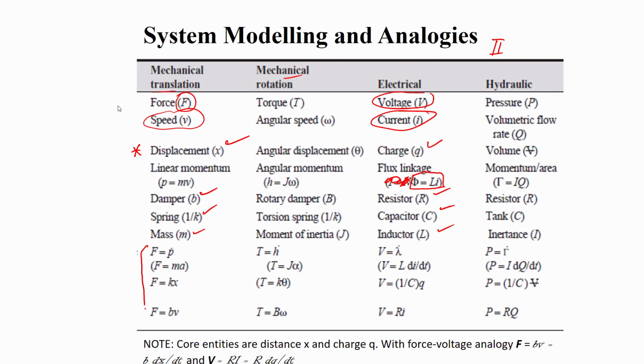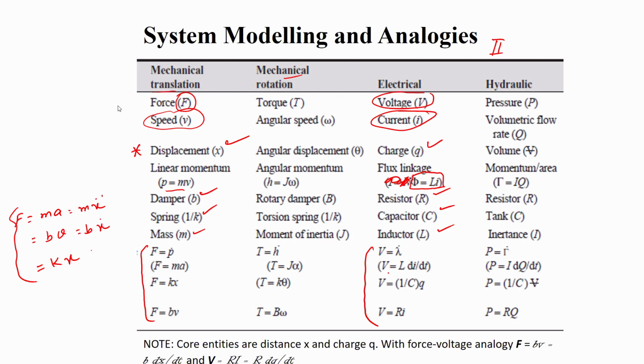Now these 3 are extremely important because we are talking about the force voltage analogy. So force, which is a time derivative of the momentum, there are 3 ways to represent it. F is equal to ma, F is also equal to bv, ma is m x double dot, it is b x dot, it is also equal to kx. So 3 ways to represent the force, identical to this one.